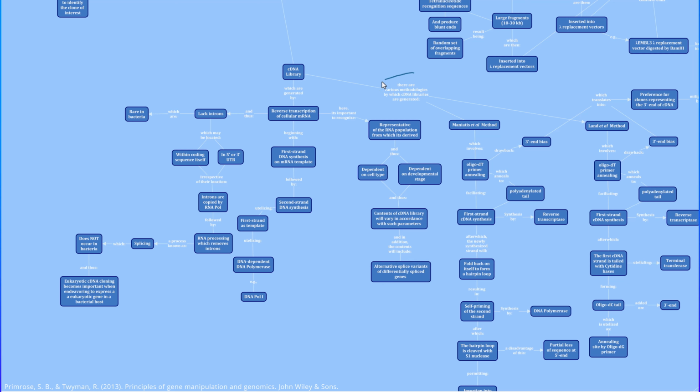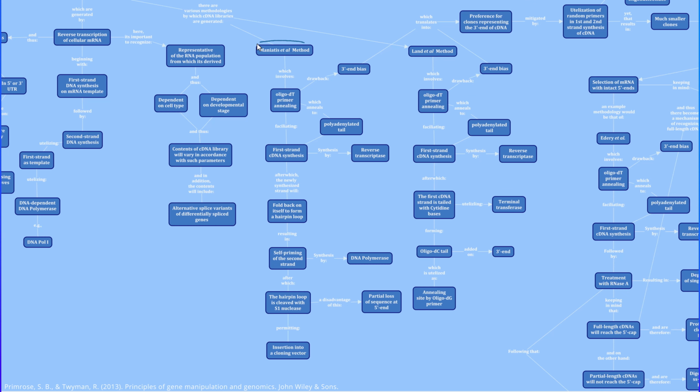There are various methodologies by which cDNA libraries are generated. There is the Maniatis method, so let me discuss that first. The Maniatis method for the generation of cDNA libraries involves utilization of oligo-dT primer annealing. This facilitates first-strand cDNA synthesis, after which the newly synthesized strand will fold back on itself to form a hairpin loop.